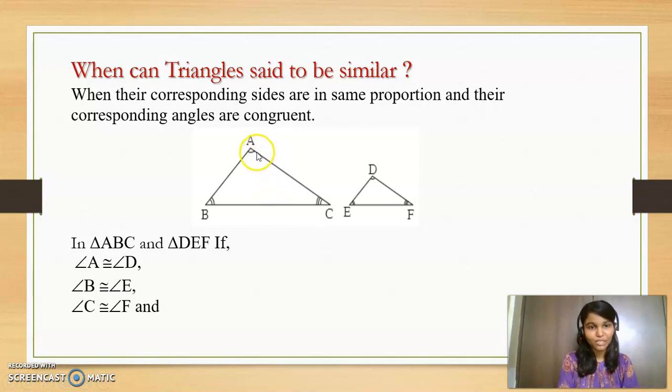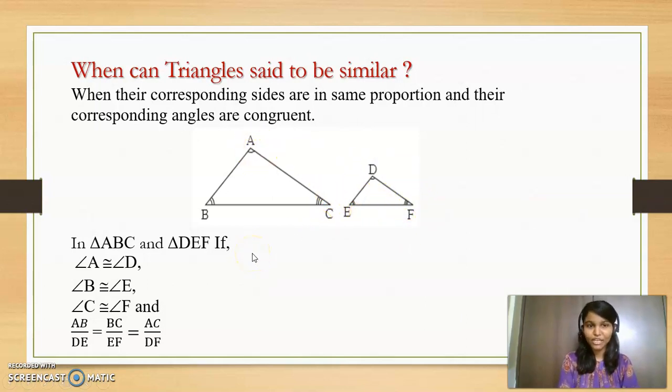Corresponding sides means what, students? If I take side AB of triangle ABC, what will be the corresponding side of the other triangle? That is DE. Similarly, for BC, what will be the corresponding side? EF. And for AC, it will be DF. So their ratio should be the same. Means AB upon DE should be equal to BC upon EF should be equal to AC upon DF.